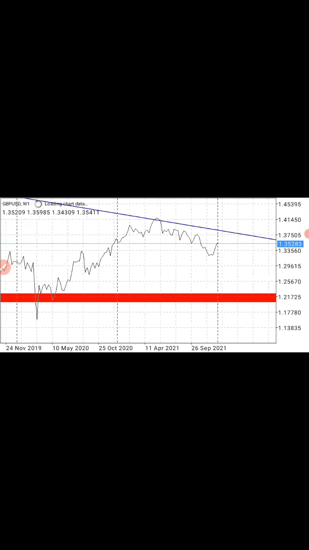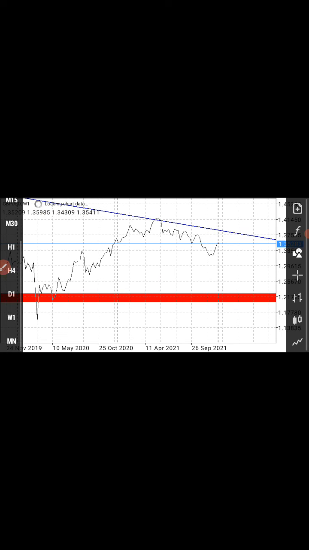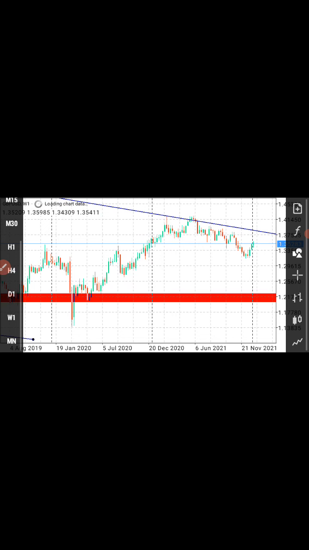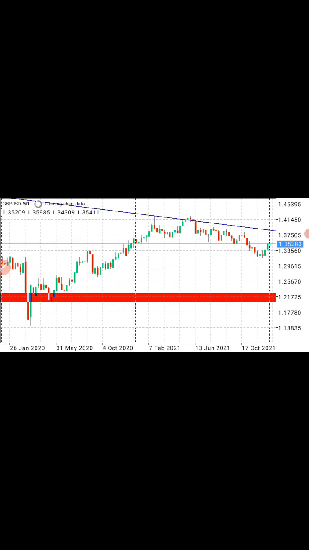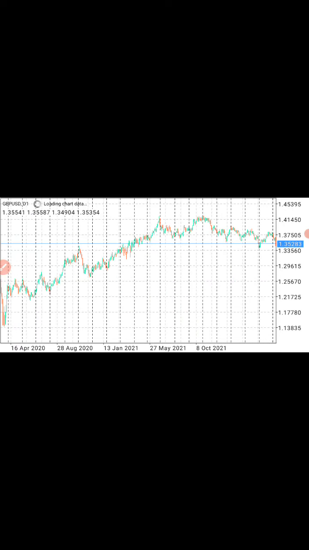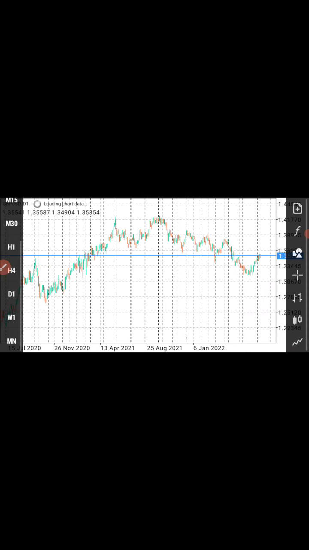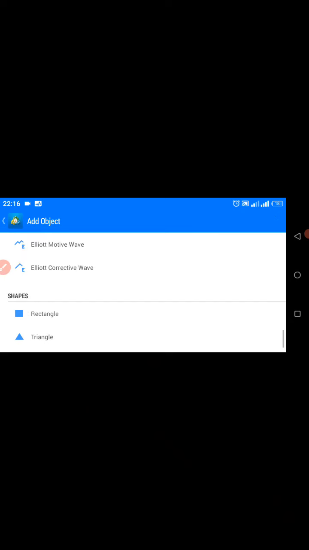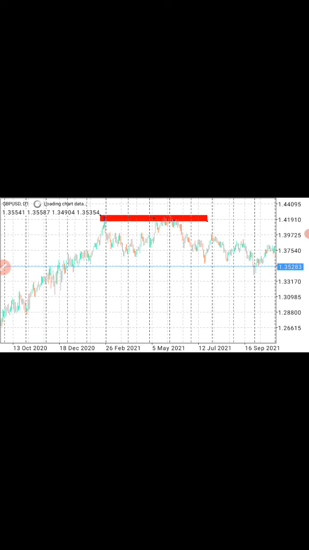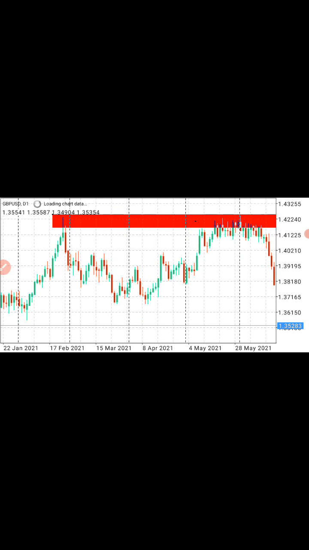So let's go to the weekly chart. Maybe we can see anything again. The daily chart, so you won't be confused. Maybe I'm seeing some double touch here. I see, guys, the first touch is here.